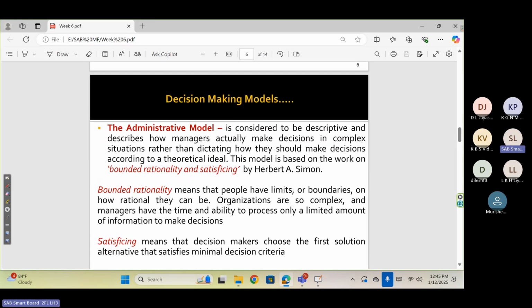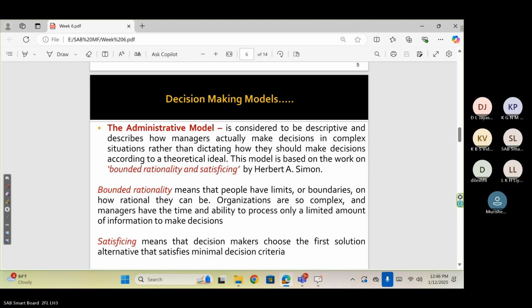Administrative model of decision making was initially introduced by Robert A. Simon long ago. For him, a Nobel Prize was also given for this work. These insights are happening especially in advanced, complex decisions.